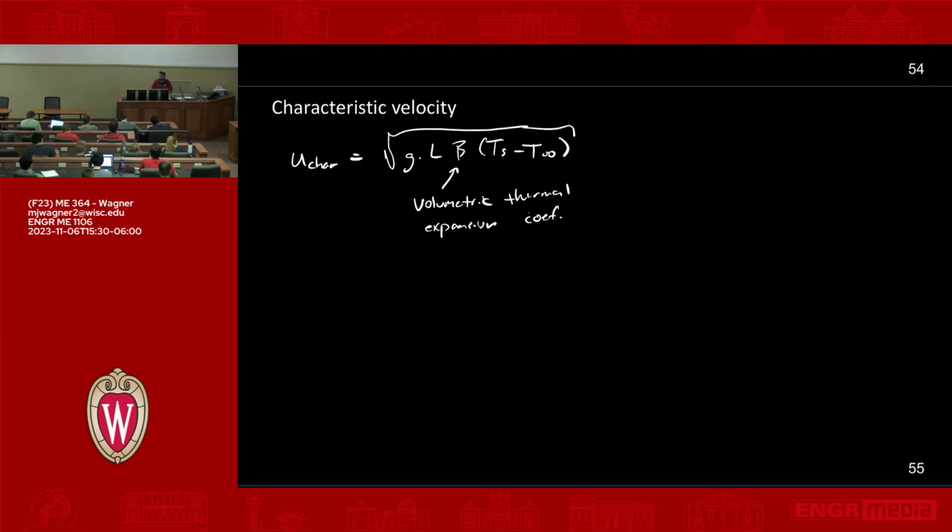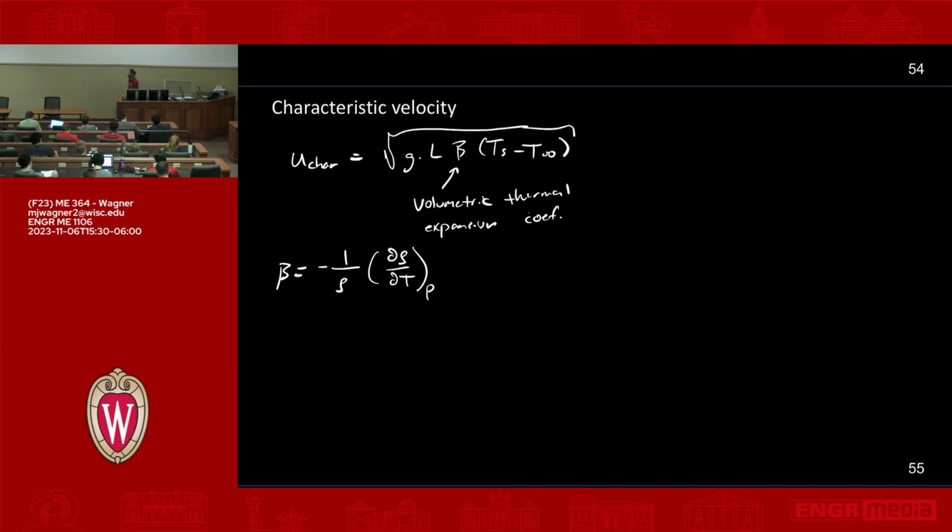Basically, it's defined as follows: beta is equal to minus 1 over density rho times the partial derivative of rho with respect to temperature, held at constant pressure.